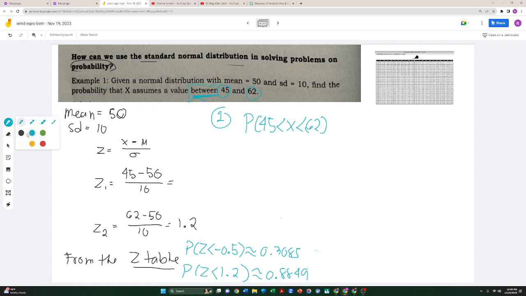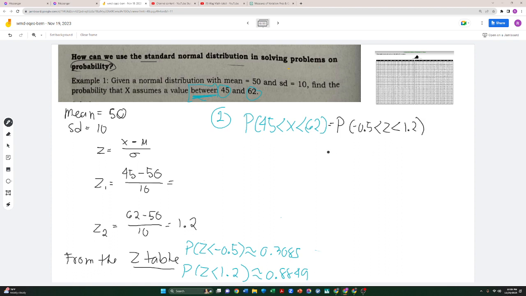Okay, after that it is equal to P(negative 0.5 less than Z less than 1.2).